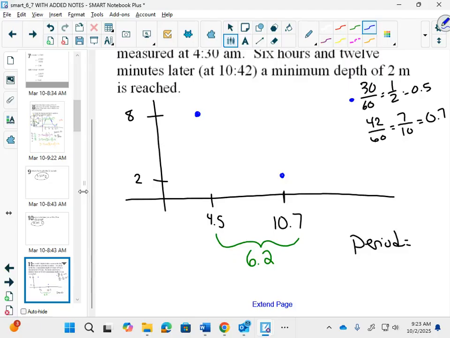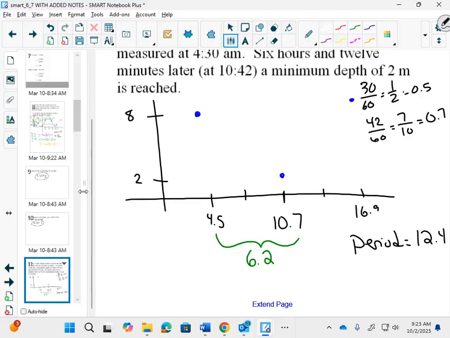Another 6.2. So if I add another, this will be 16.9. 6.2 times 2, my period is going to be 12.4. And I could cut these in half, and then I have my 4 sections.